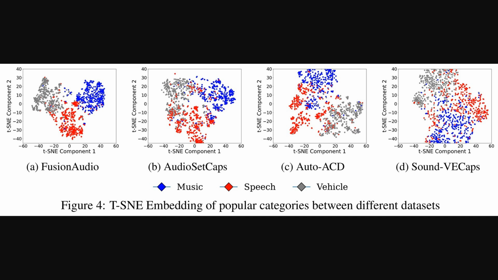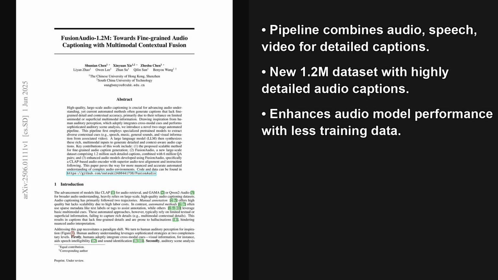In the FusionAudio plot, you can see these really tight, well-defined clusters. The other datasets are much more mixed up. This clean separation shows that FusionAudio has better semantic granularity, meaning it does a much better job at distinguishing between different types of audio.